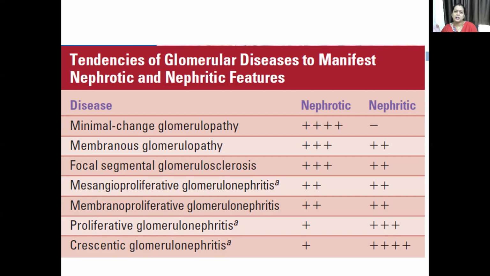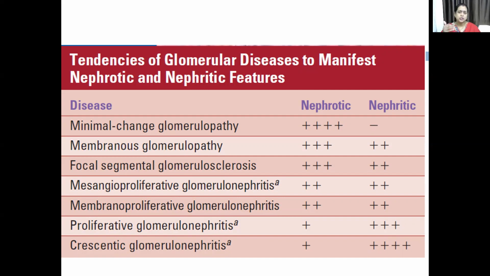Because of that, the other glomeruli will try to expand, that is, the glomerulus will get hypertrophied, and there can be increased intraglomerular pressure, intracapillary pressure will get increased, and because of that there can be systemic hypertension in the patient, and finally the glomerular injury will get accentuated.